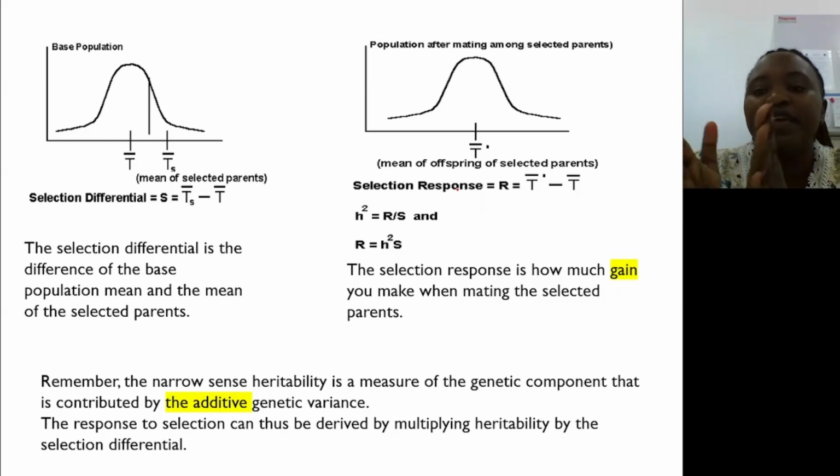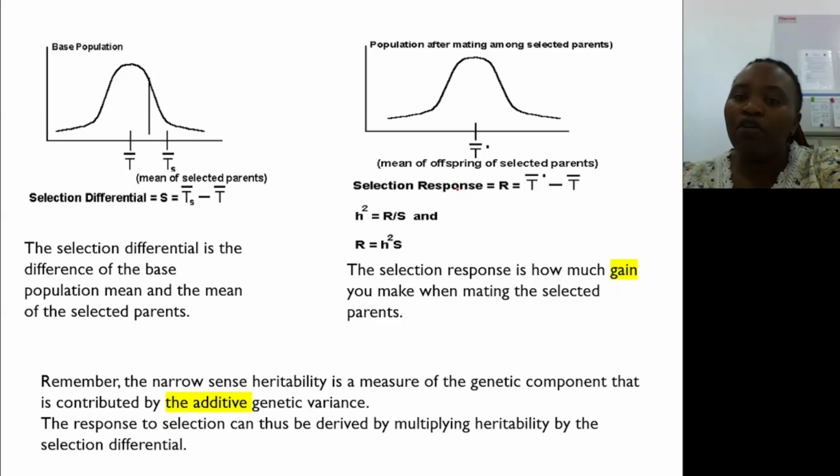You have selected, mated, and this is how the new population looks. So what is their mean? The mean selection response R is given by the new mean of the offspring of selected parents minus the mean of the base population.